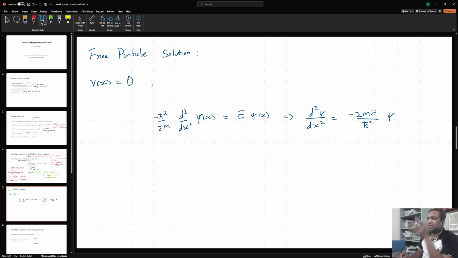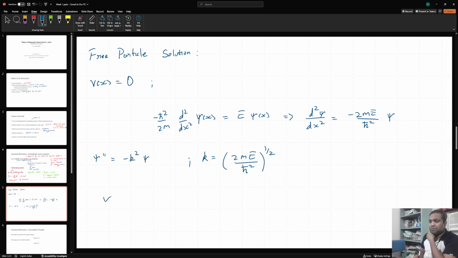I'm just dropping the other symbols for the sake of brevity. So this equation is of the form psi double prime is equal to minus k squared psi, where k is equal to 2m E by h bar squared, whole power half. So this quantity is what we substitute for k.